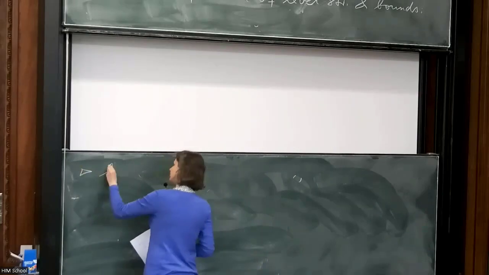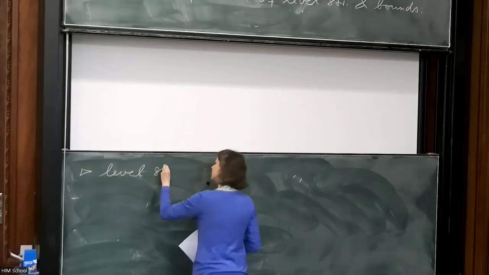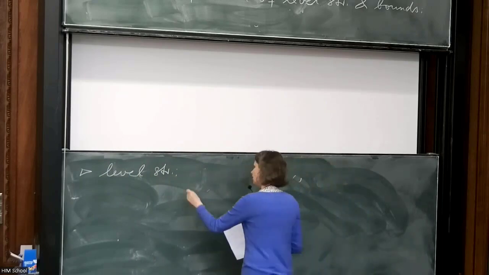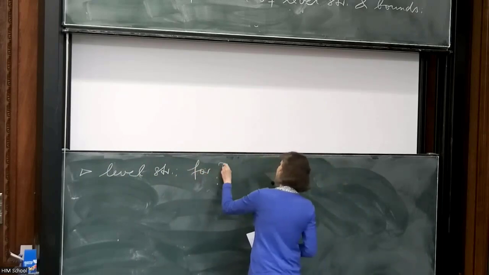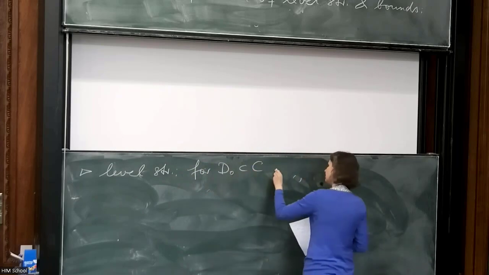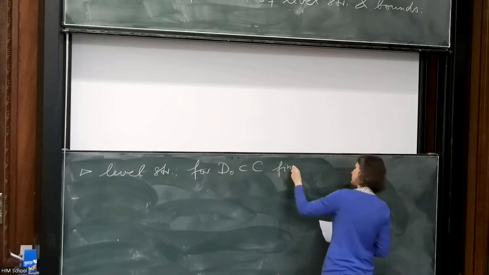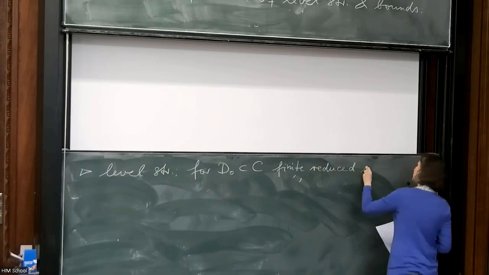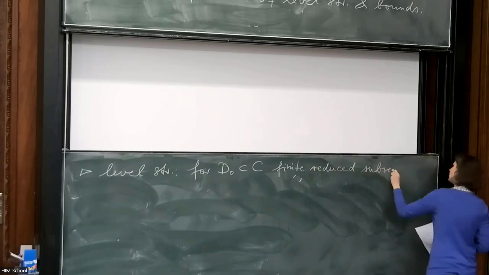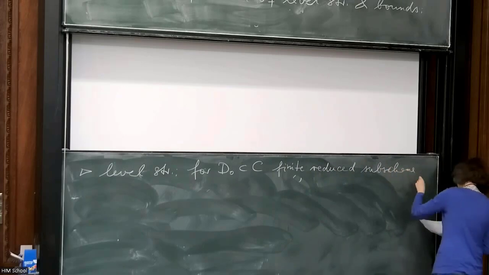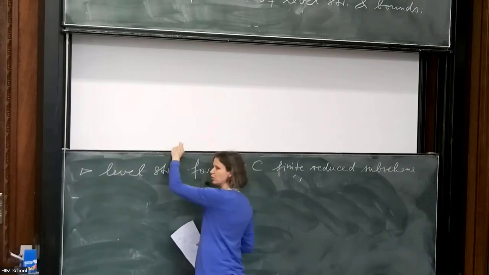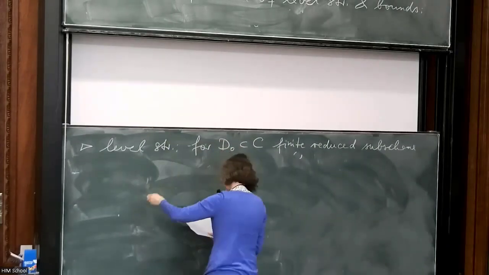Okay, so for level structures, say D_0 in C a finite reduced subscheme, in other words finitely many points of C, where we want to define the level structure.